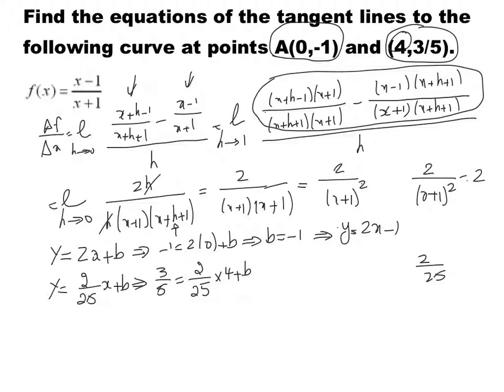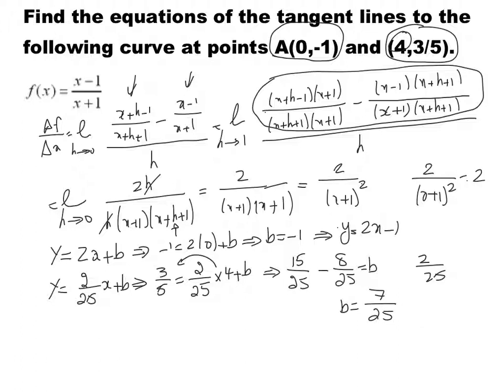You multiply numerator and denominator by 5, so this becomes 15 over 25. I move this one to the left. 2 times 4 is 8, so minus 8 over 25 is equal to b.